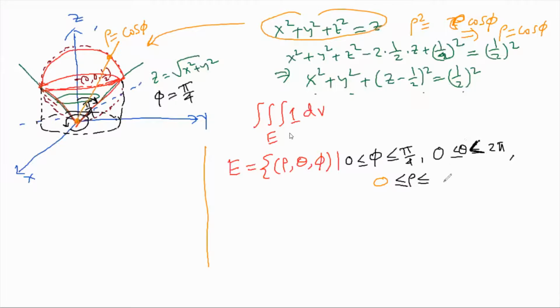Okay, so that means rho goes from 0 to cosine phi. Are the bounds clear? The setup is the important part. The rest is just an iterated integral. You should be able to do an iterated integral. Any question on this setup?